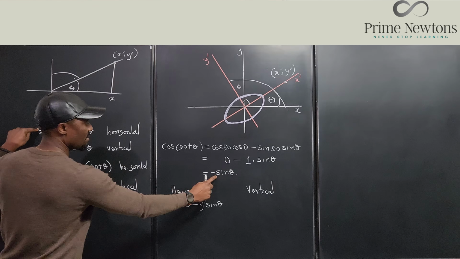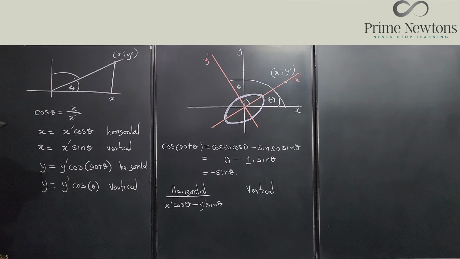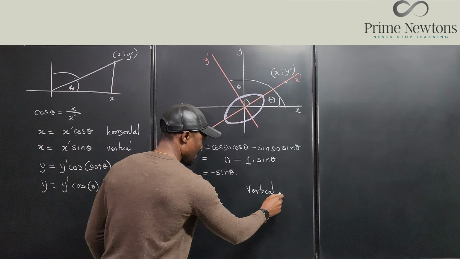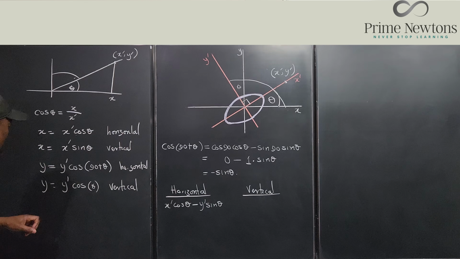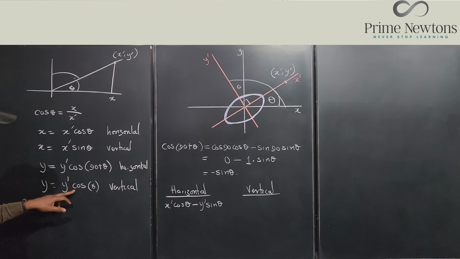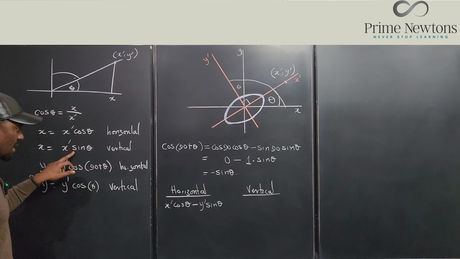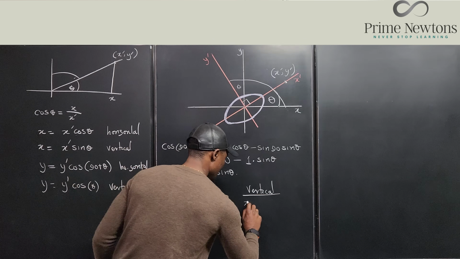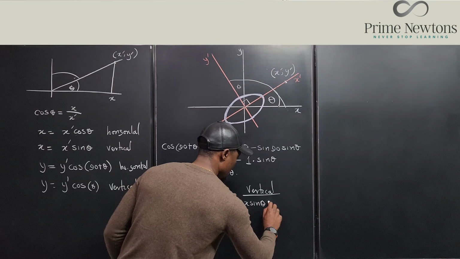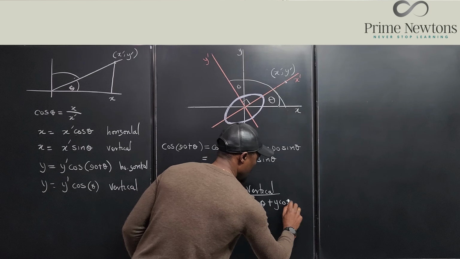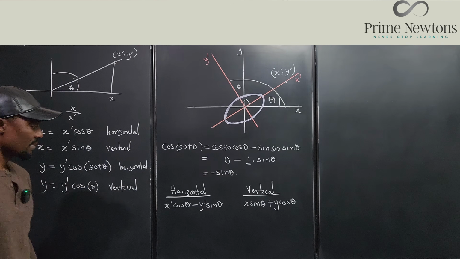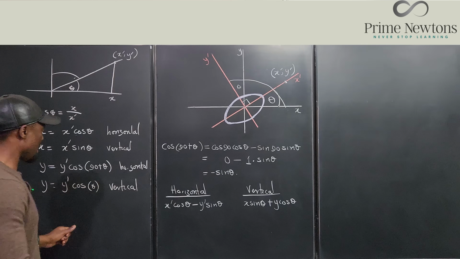Remember, this is the same thing as this. Okay, this cosine. And then for the vertical, it's going to be y cosine theta plus x sine theta. So it's going to be x sine theta plus y cosine theta. Prime, sorry.